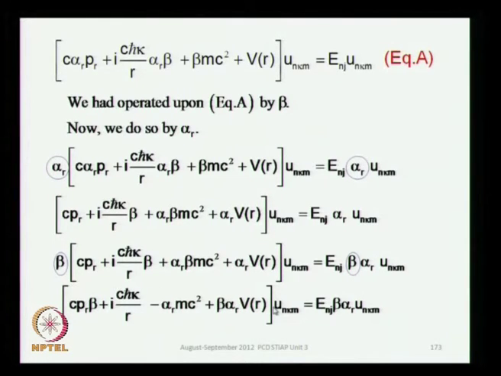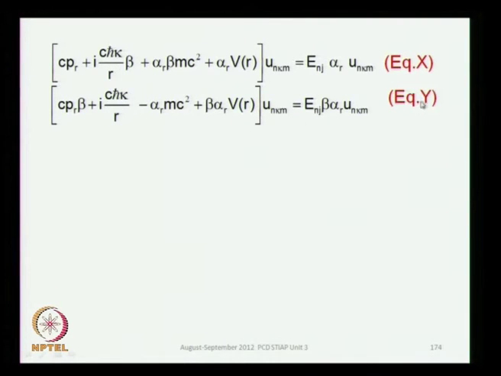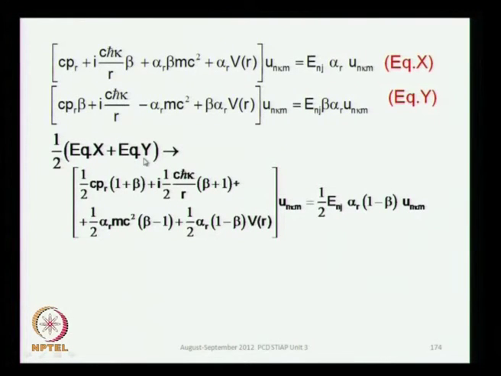Now I will call this result equation x and this result equation y. I name these equations x and y and then take half of x plus y. For our convenience I have rewritten the equations x and y at the top of this slide, so that we can keep track of each term, and now we take half the equation x plus half the equation y.